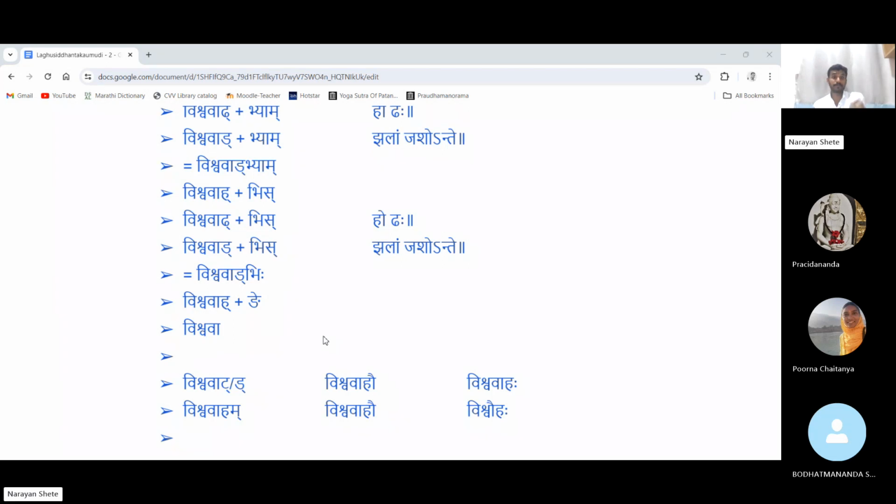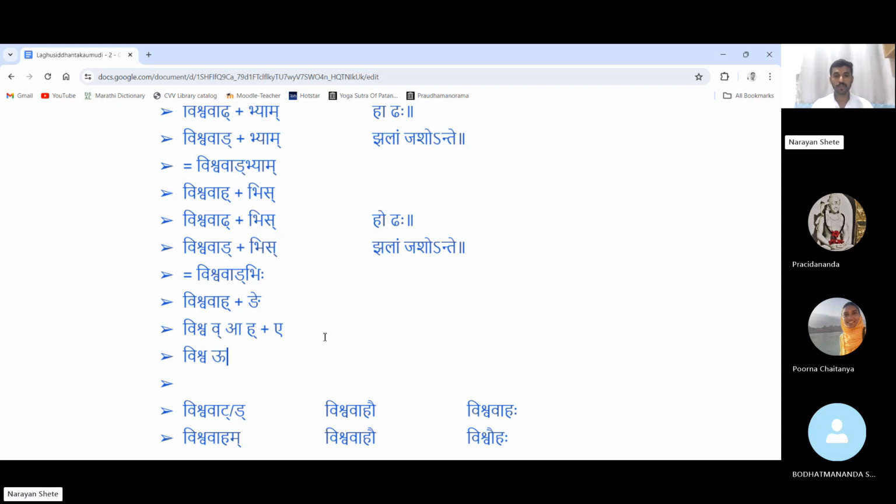Having bha sanjna, so it will become vishwau he. So first vah ut. Right, so va of vah will be replaced by ut: vishwa ut ha and a. The sutra is vah ut.